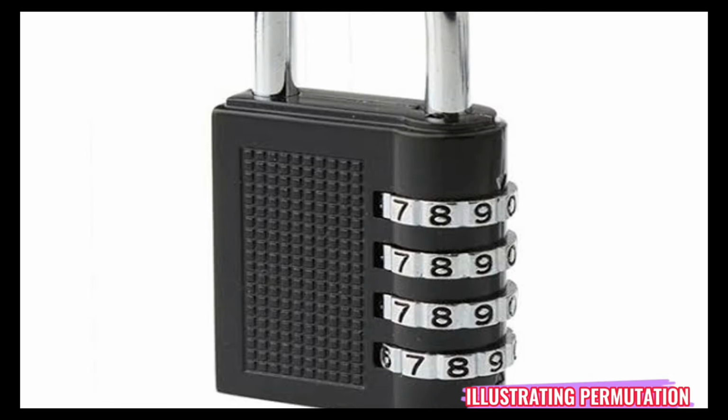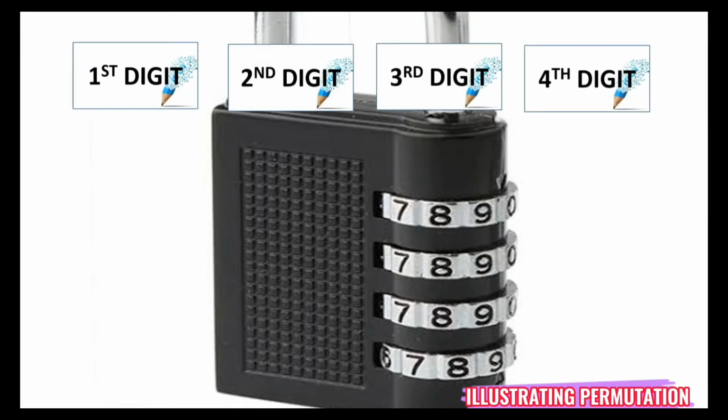Back to the problem, there are 4-digit codes in a combination lock. These are 1, 3, 4, and 7. Then we are asked to find how many possible ways there are. So let us count the number of digits that can be placed in the first digit. All 4 digits can be placed in the first digit.